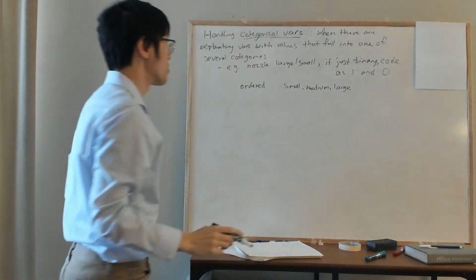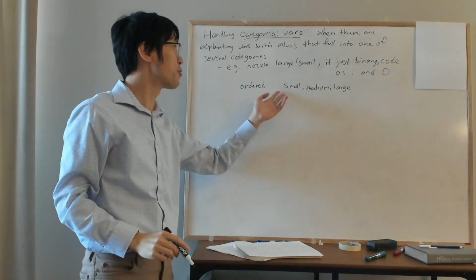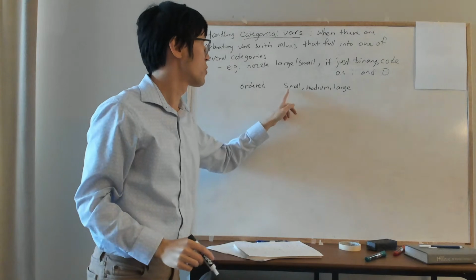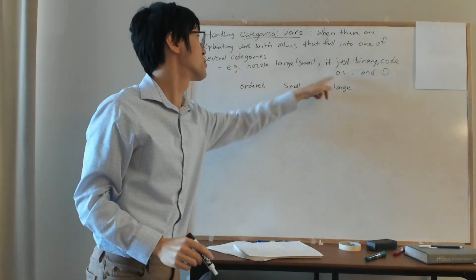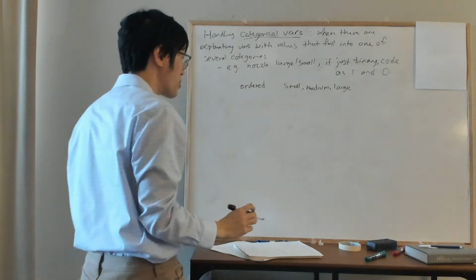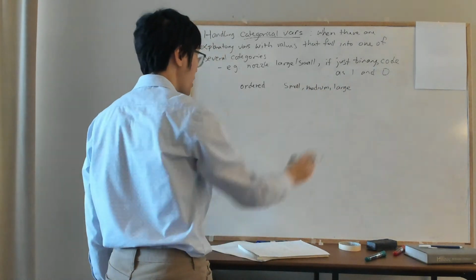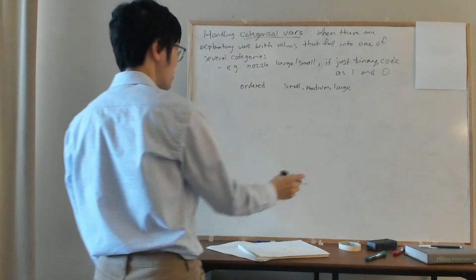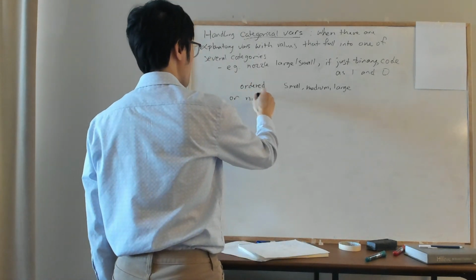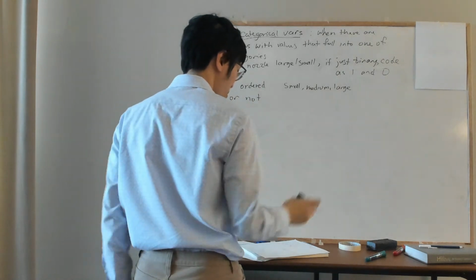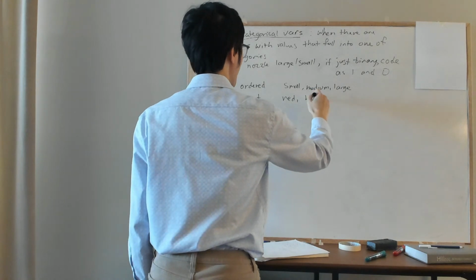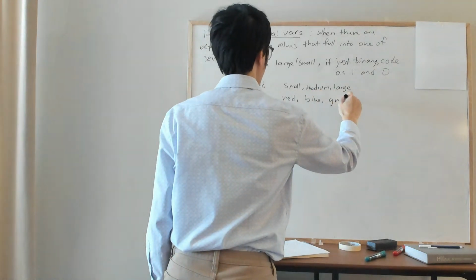So there's some sort of ordering to it, and you might expect each of these differences to be, for example, positive. So there's some relationship between the categories. Or sometimes there might not be. For example, we might have different colors as a predictor: red, blue, green.